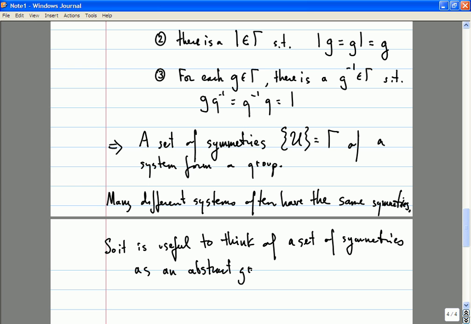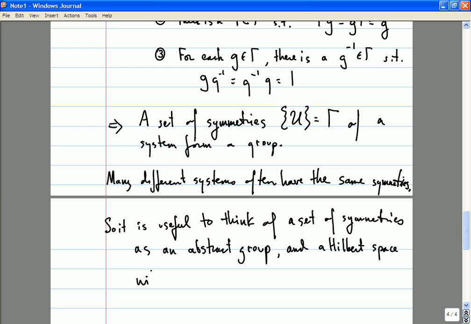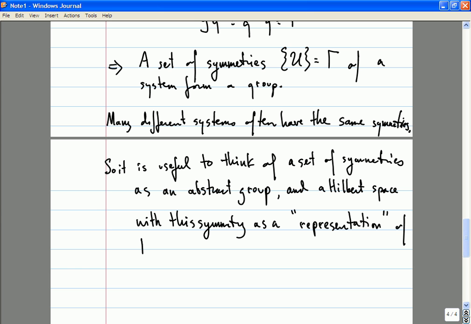That is to say, just as some set of elements that obey these 3 principles that I have outlined. And a Hilbert space with the symmetry as a quote-unquote representation of this group.